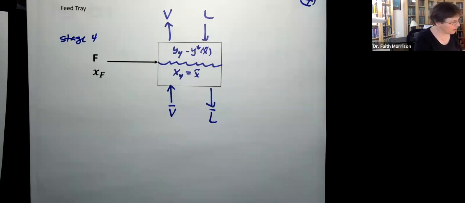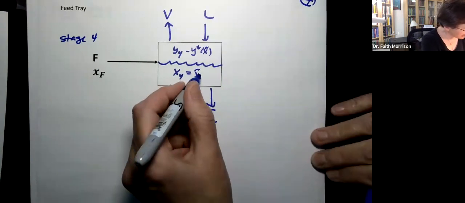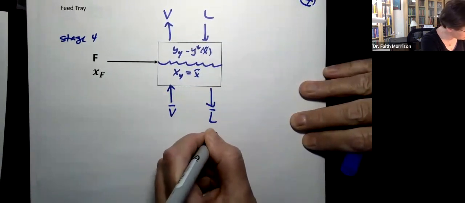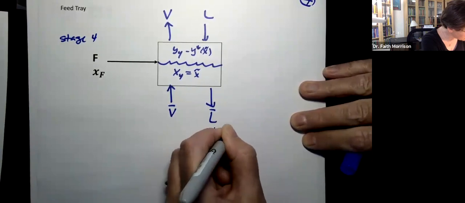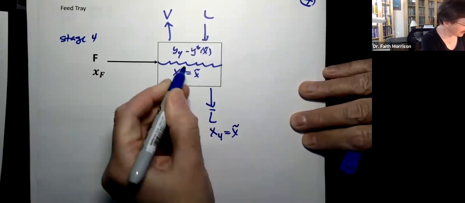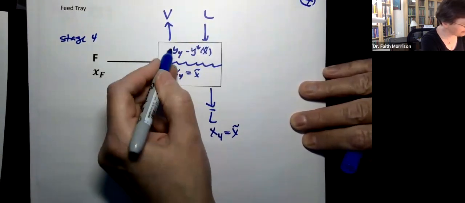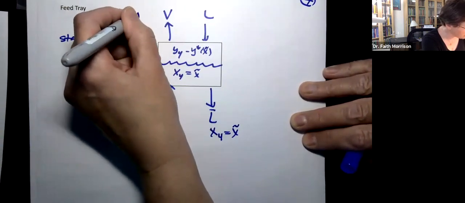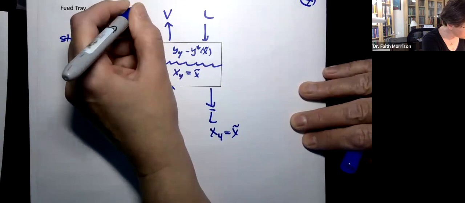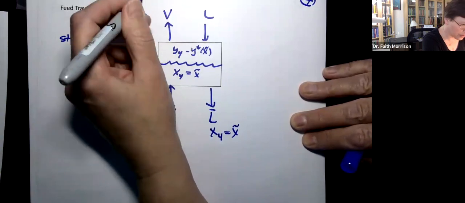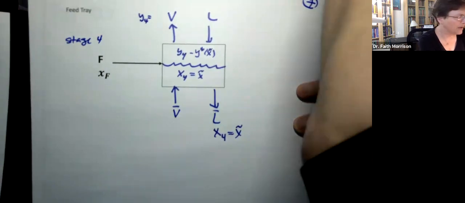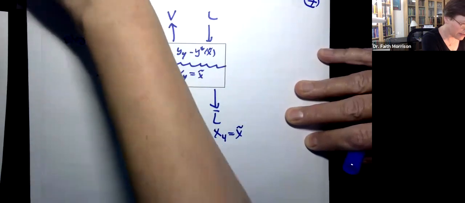Okay, so notice this X is liquid coming down here. So this is X tilde or X4. And this is the vapor leaving the feed tray. So this must be Y4, which is the same as this equilibrium phase. So I don't want to clutter my diagram or I'll get confused, so I'll just call it Y4 here for a second.